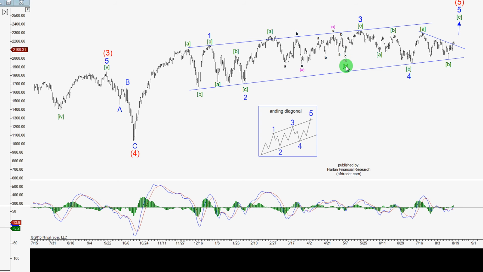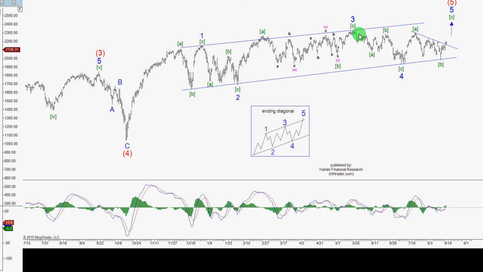And this forms minute wave B of 3, and then we do wave C to a new high to create 3 waves of wave 3. And it is possible that this would have been wave 5. It's possible that this was 3, wave 4 was in here somewhere, and this was wave 5 of the ending diagonal.